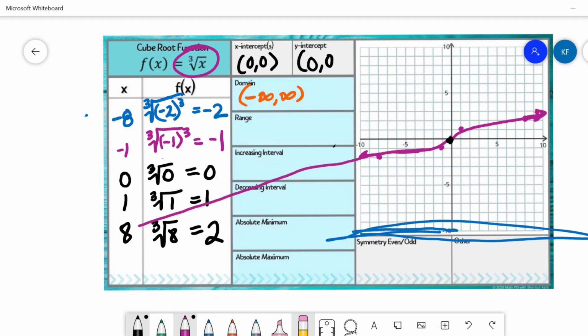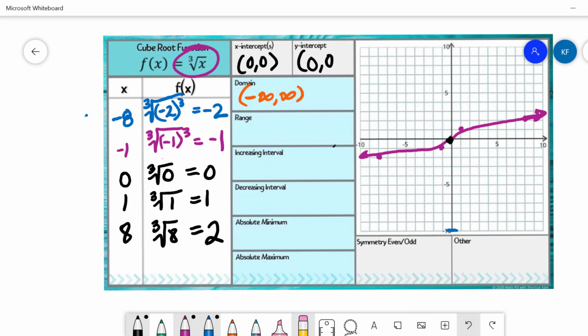And so eventually, yeah, you are going to have a value over here that intersects. It's just that we stopped the graph at -10. So be careful. So this really is negative infinity because of the arrows. So for the y values, -infinity. So this one starts at -infinity and goes all the way up to positive infinity because of that arrow again.